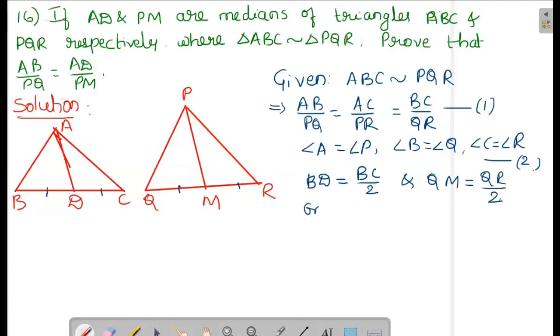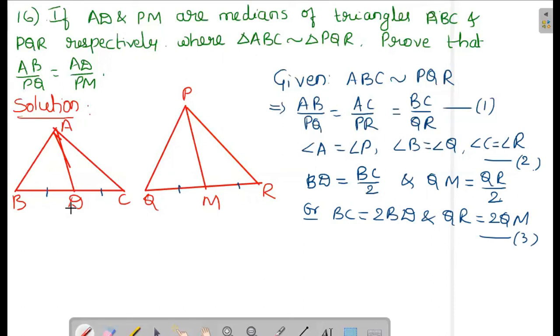Or BC is equal to 2BD and QR is equal to 2QM. Let this be 3.